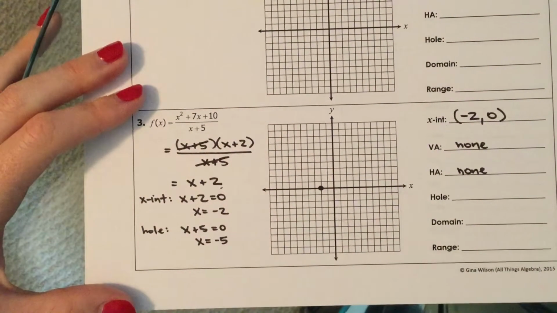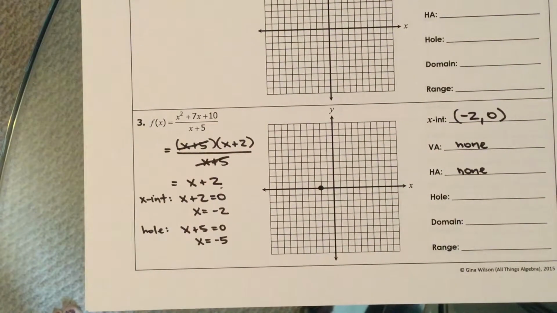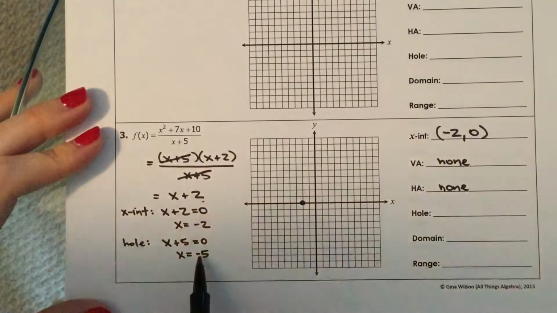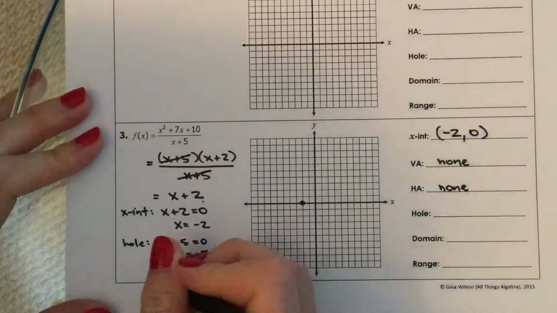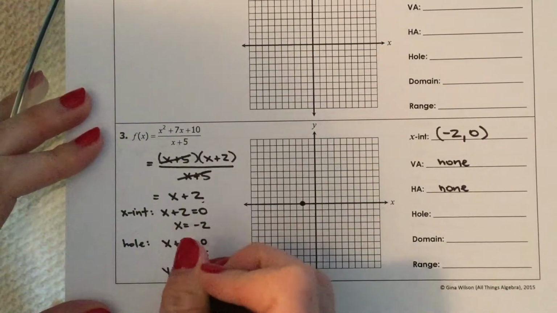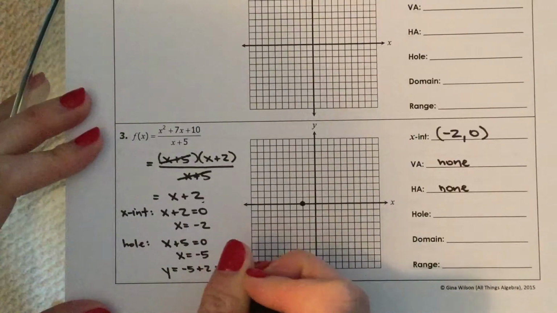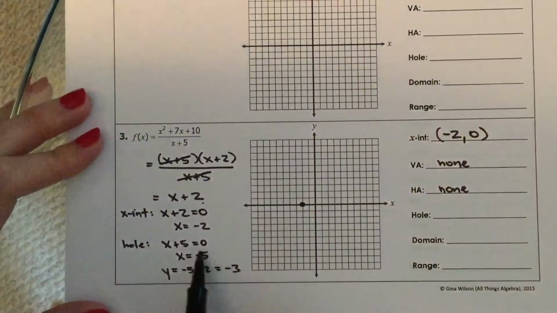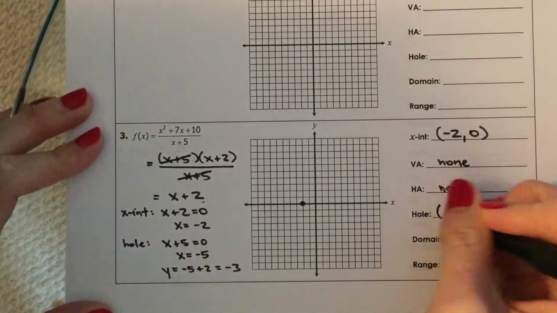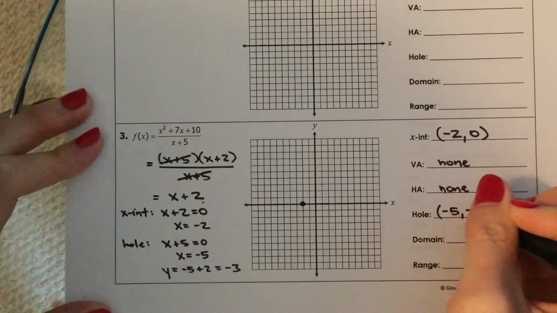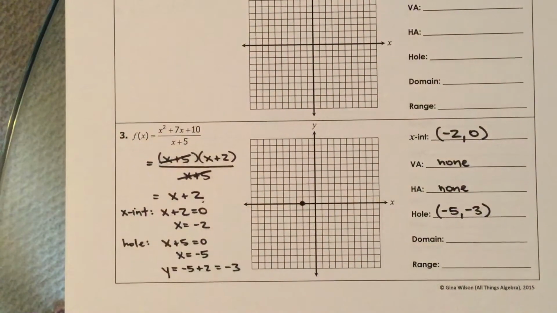And then for the y-coordinate, you're going to substitute the x-coordinate into the simplified function. So this negative 5, you want to sub it into the simplified function. So y equals negative 5 plus 2, which comes out to be negative 3. These 2 points become an ordered pair. So there is a hole at negative 5, negative 3, like that.